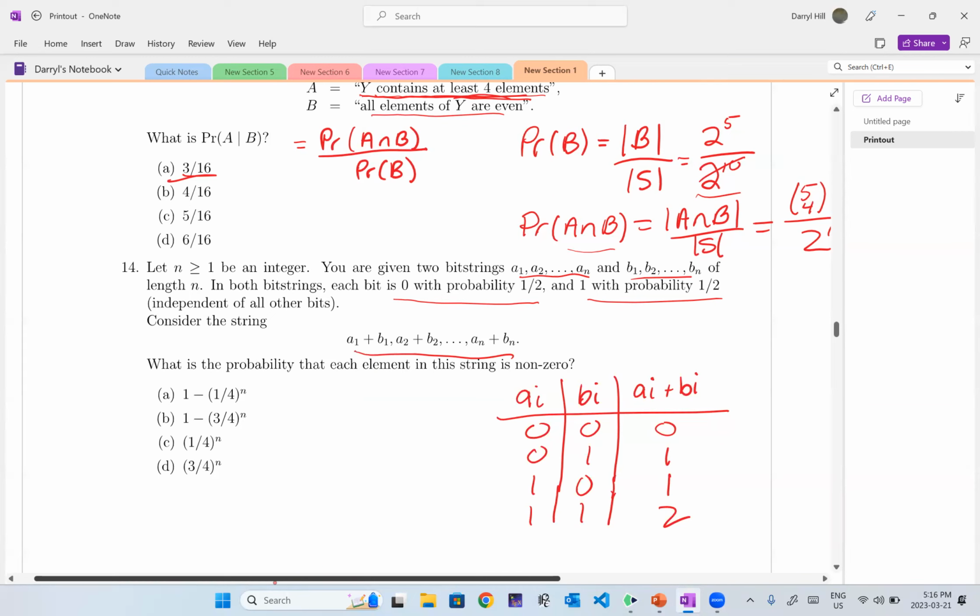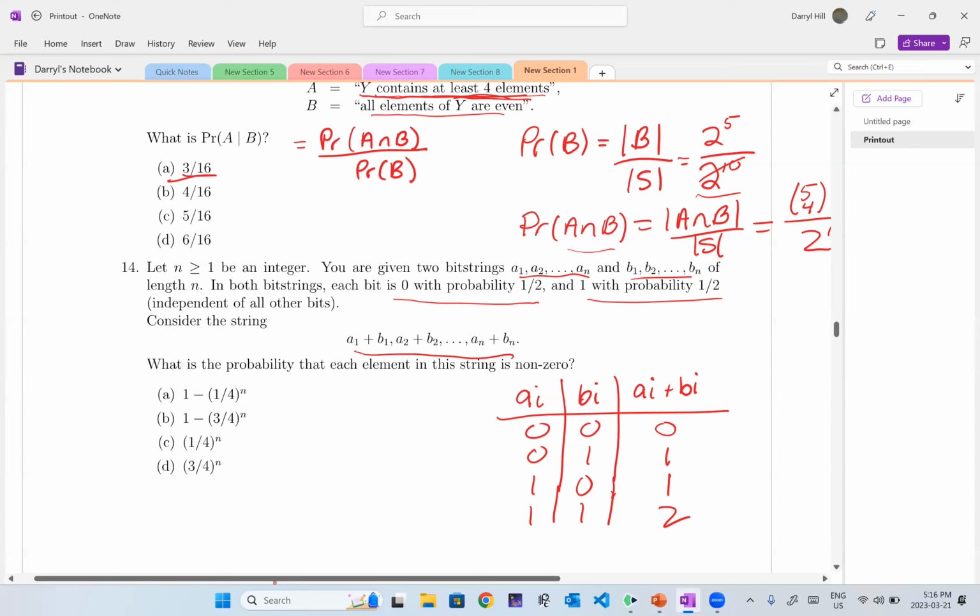Yeah, it's 3/4, right? This is the only outcome where it's 0. I have 4 outcomes in a uniform probability space, or you can compute the probabilities: they're each 1/4, since it's the probability that A_i is 0 times the probability that B_i is 0, and we said they're each 1/2.